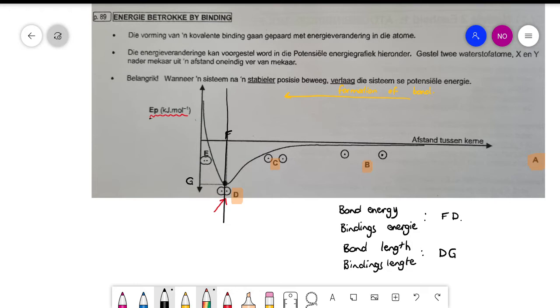Because this nucleus and this nucleus is sort of like blocked off by the electron cloud around it. So even though this one still has a positive nucleus, which repulses this one's positive nucleus, both of them are sort of screened off by the electrons moving around them. So it's still a repulsive force, but it is a weak repulsive force. So in other words, overall, the attractive forces between the two are stronger than the repulsive forces.